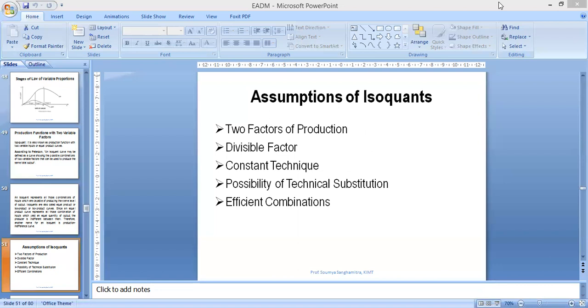Then possibilities of technical substitution. The substitution between two factors is technically possible, that is, production function of variable proportion type rather than fixed proportion. Then efficient combination. Under the given technique, factors of production can be used with maximum efficiency. So these are the assumptions of isoquants.